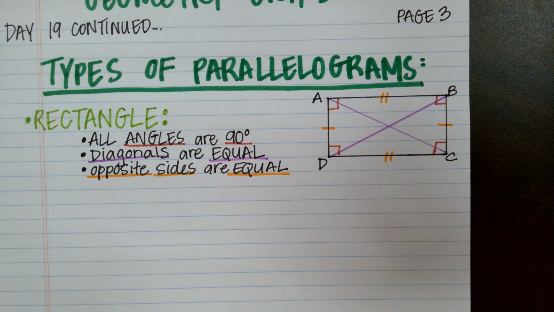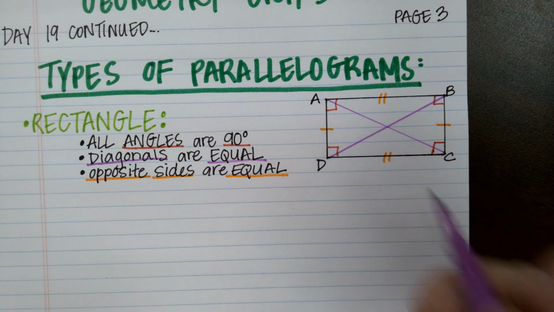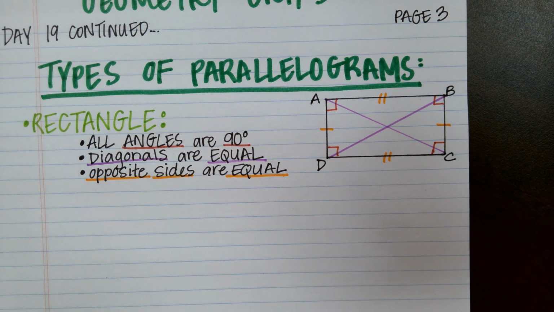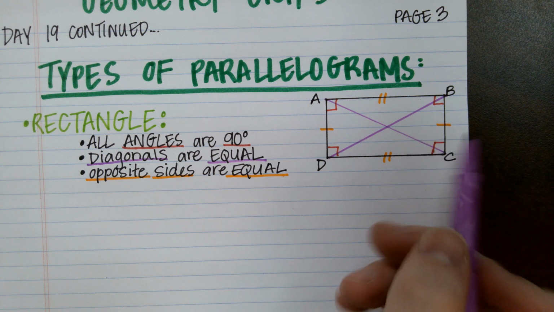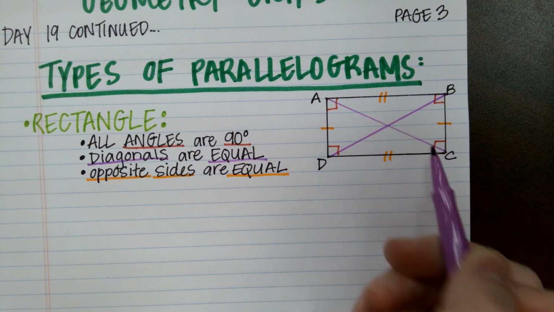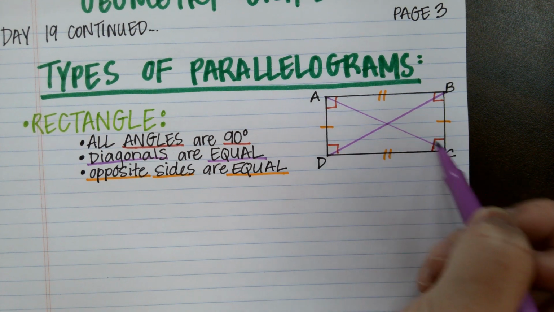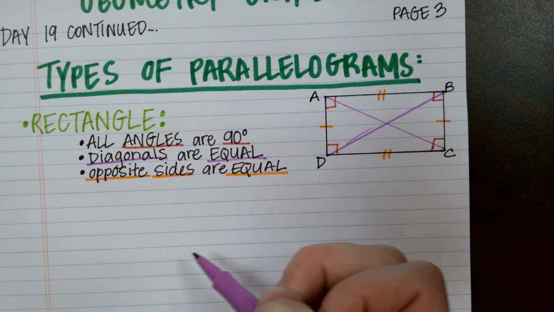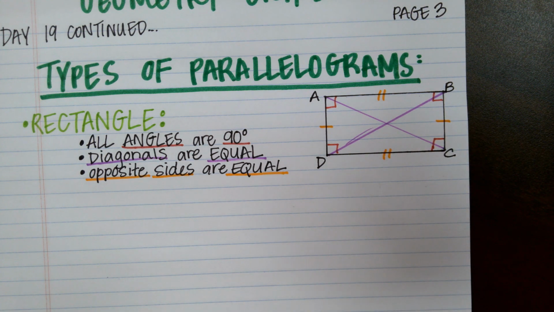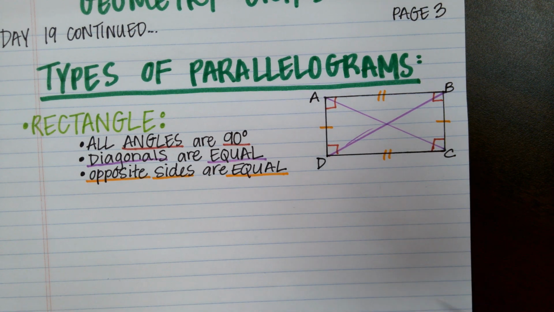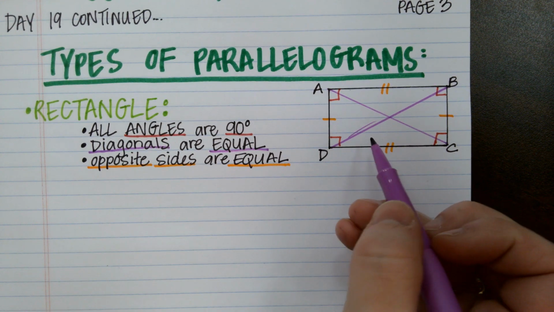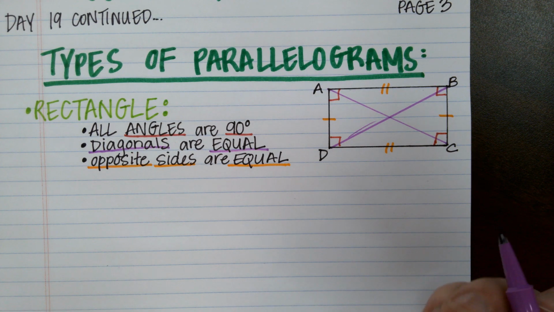Show that the diagonals are the same length. Instead of doing tick marks like I did in the parallelogram, because we were just showing that they bisected each other so the different halves were equal, since I'm trying to show the whole line is equal to the whole other line, the diagonals, I'm going to write a statement underneath instead. So it's a little less messy.